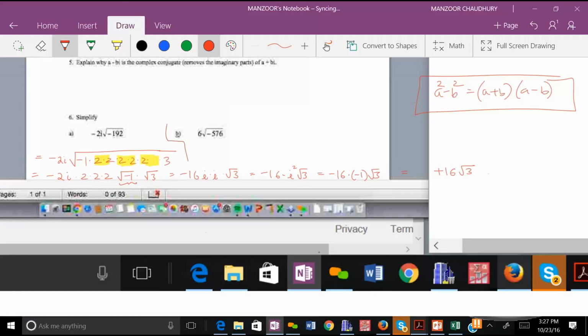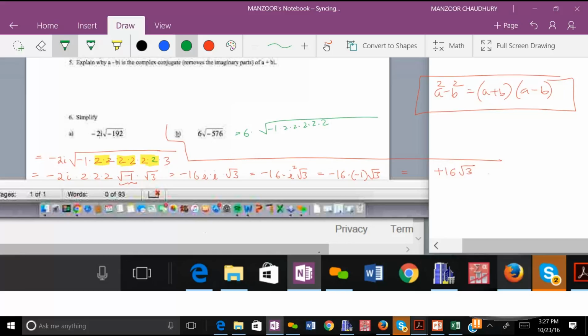No, that's good. Okay. Now let's look at the next question here. That 576 needs to be broken down into... actually I know what to do. 6 times, you write negative 1, so that you can take an i out of that. And then you have 2 times 2 times 2 times 2 times 2 times... how many 2's do we have?